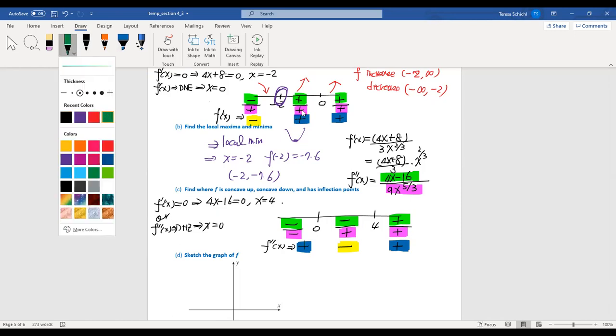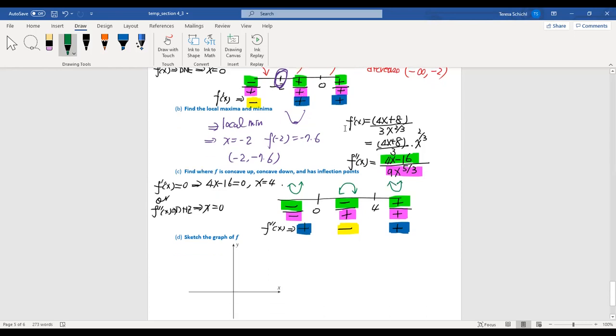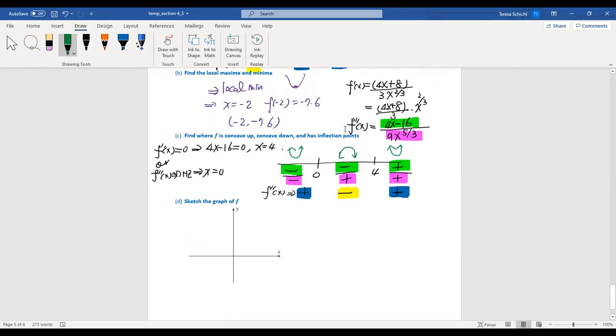Okay, now let's try to draw to see if we are able to get it. F double prime positive is what? Concave what? Concave up. What is this one? Concave down. And what is this one? Concave up. All right, so where is it concave up?